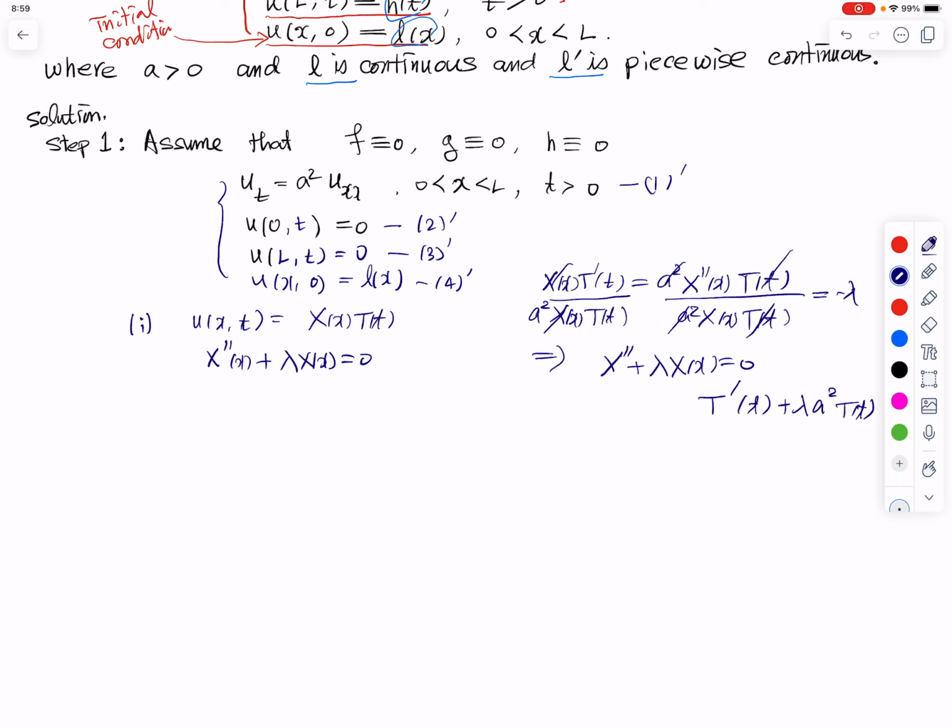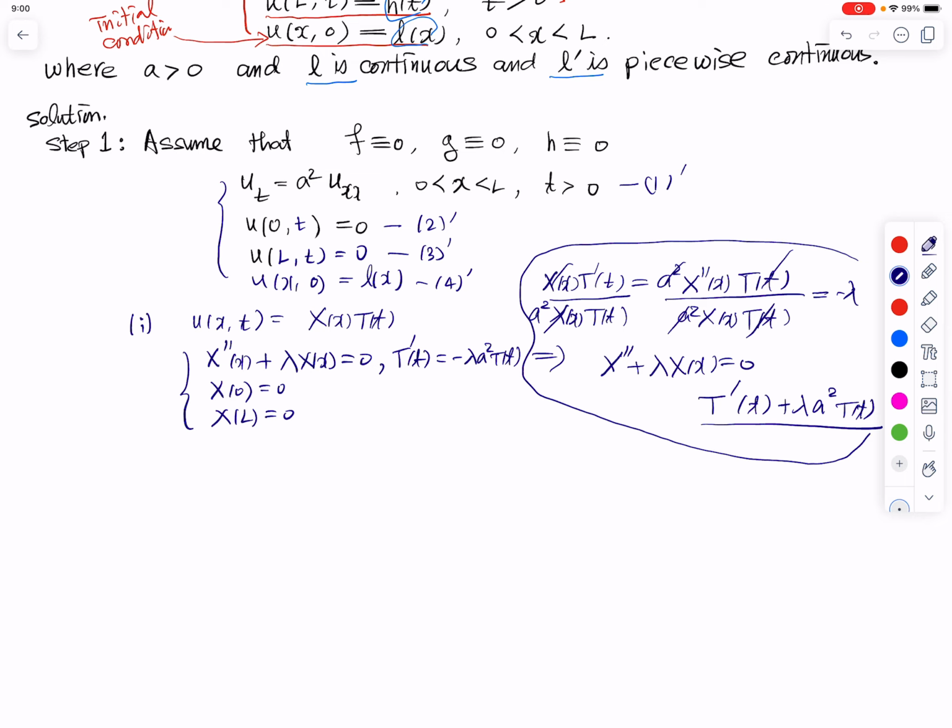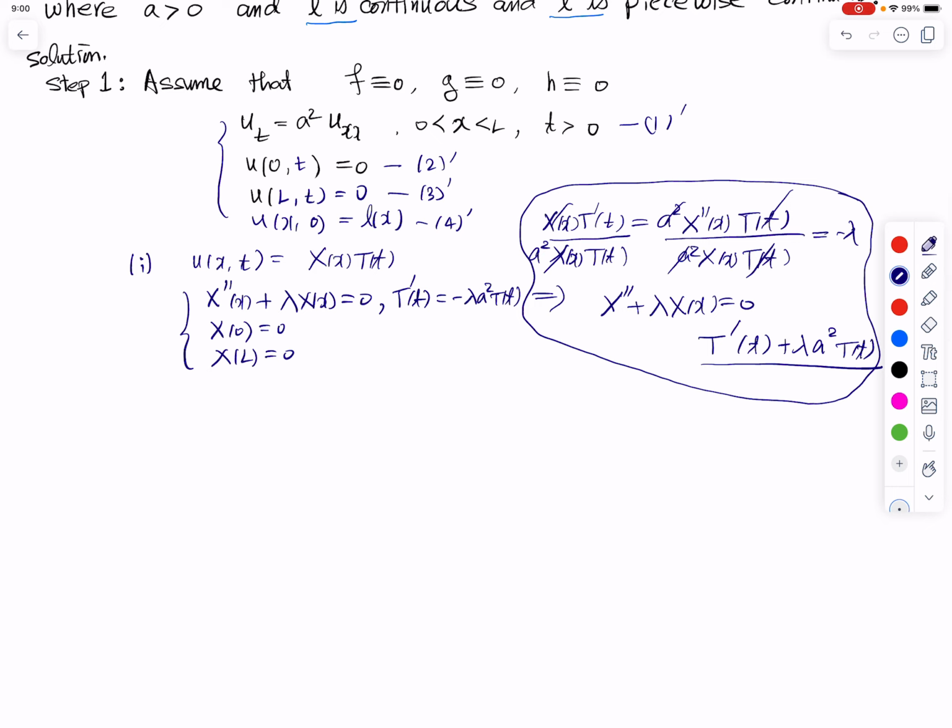And then we have the heat equation T' equals minus lambda a squared T. That's what we had, and we already know how to solve these equations. They are easy to solve.